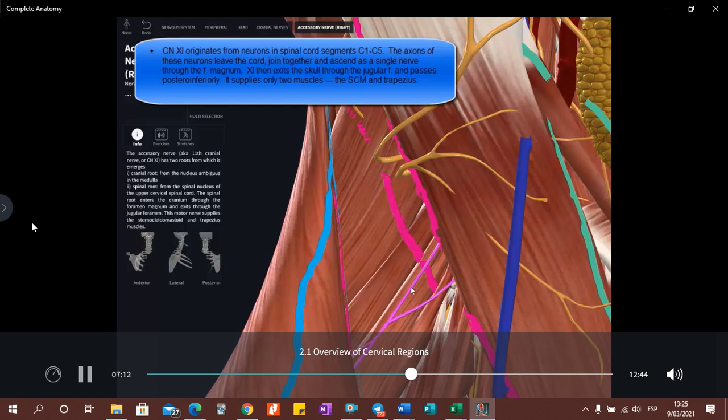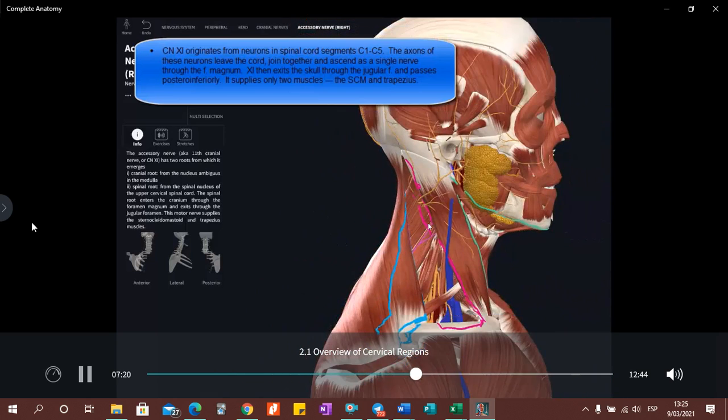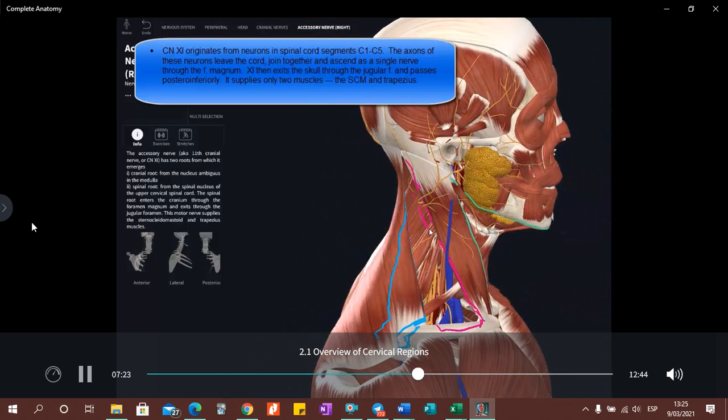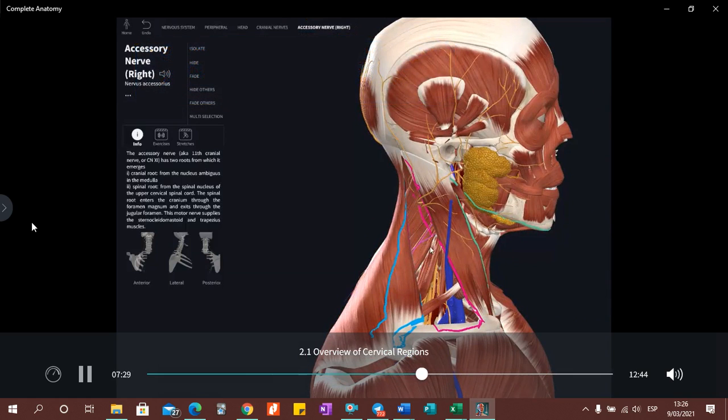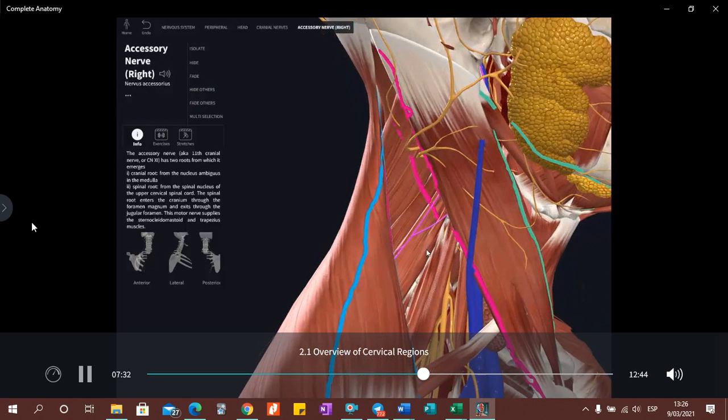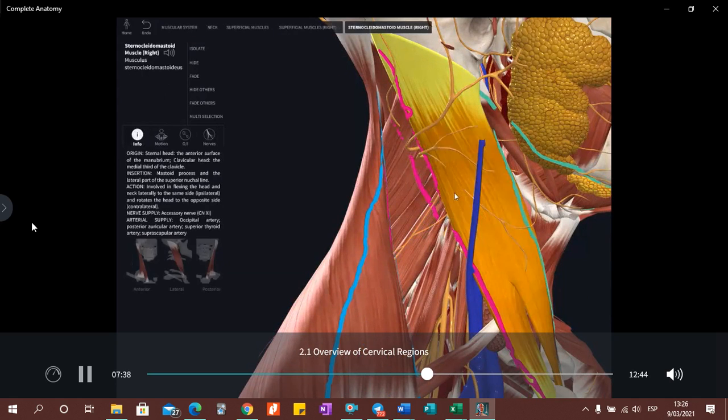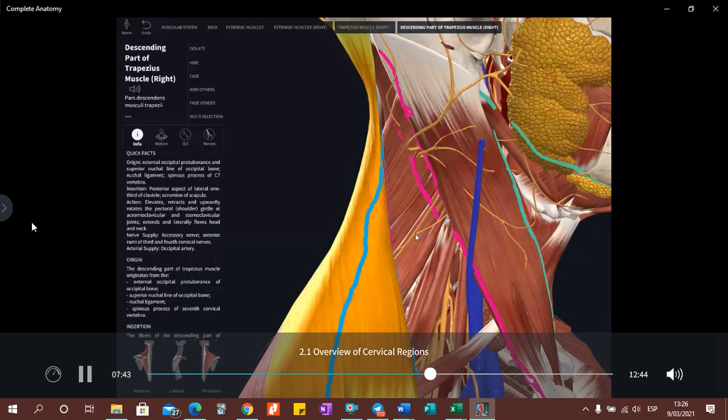So the axons of these neurons will actually leave the spinal cord, merge together, and ascend as a single nerve through the foramen magnum, which is the big hole in the skull, and then they will exit through the jugular foramen and pass downwards, and the accessory nerve will only supply 2 muscles, one of which we see here, which is the sternocleidomastoid, and the other one is the trapezius.